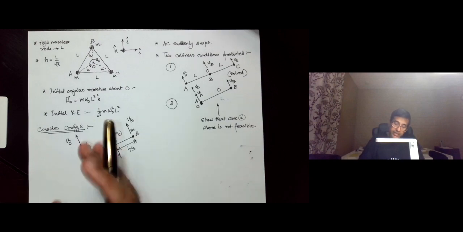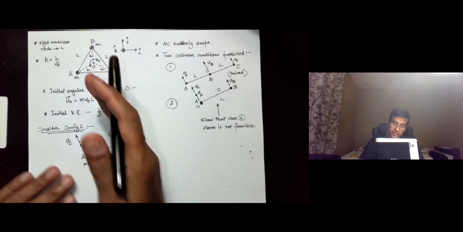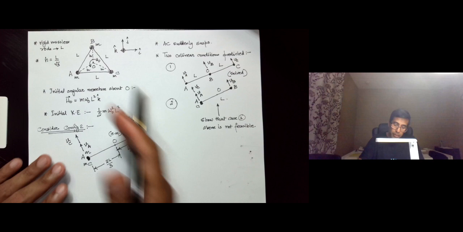So the only velocities that we can have for this system are velocities of A, B and C perpendicular to the rod.